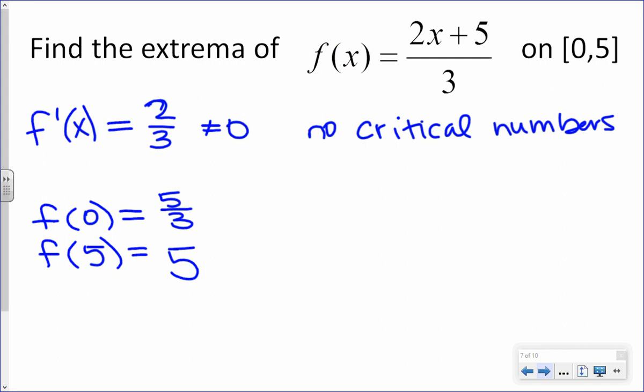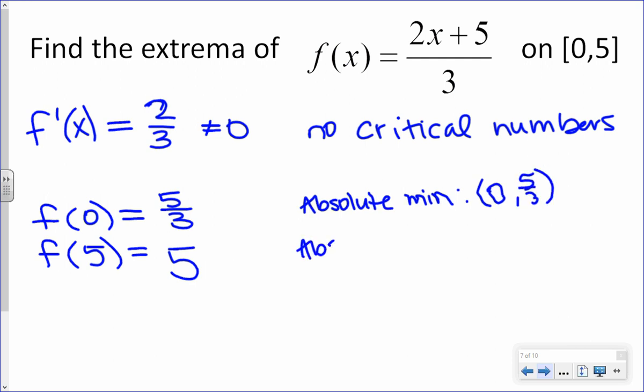This is a pretty easy decision to make, right? We have 2 points, our lowest one and our highest one. So we have our absolute minimum at the coordinate (0, 5/3), and we have an absolute maximum at the coordinate (5, 5).